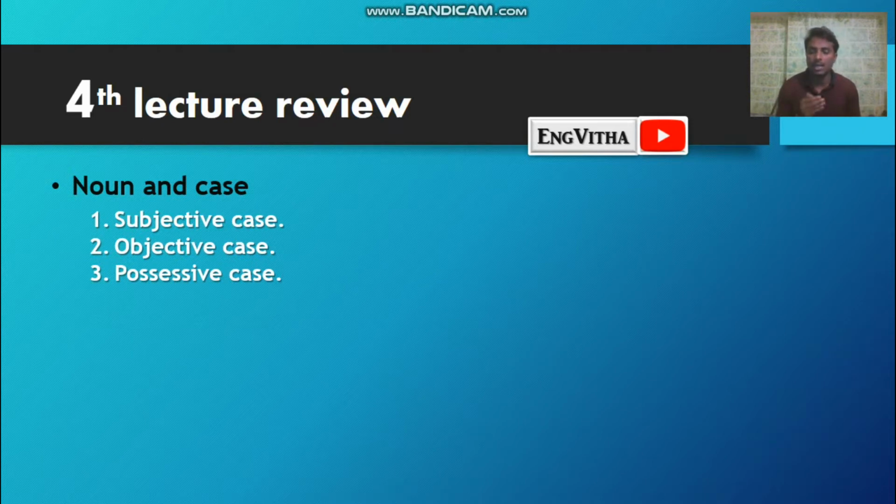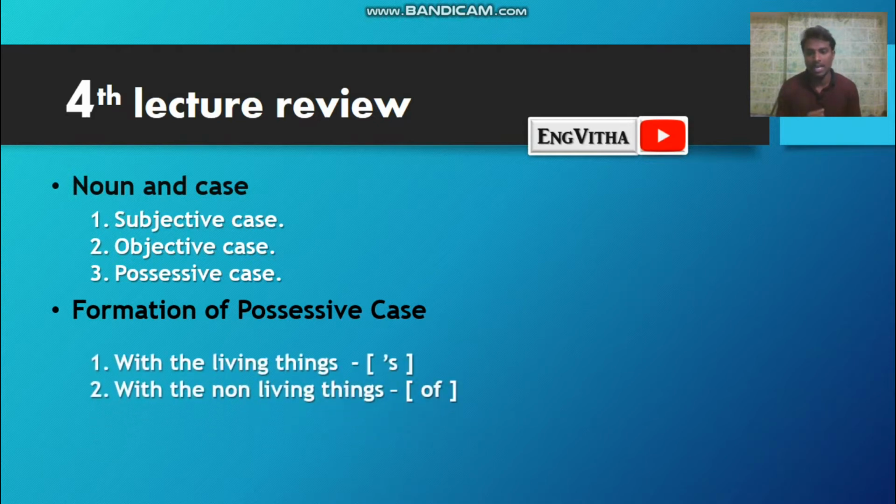And we also learned another topic, that is the formation of possessive case with two things. Firstly, with the living things, which have life, and with the non-living things, which have no life at all. So these are the two topics that we have thoroughly learned in the fourth lecture.